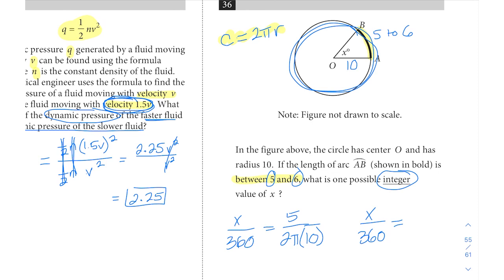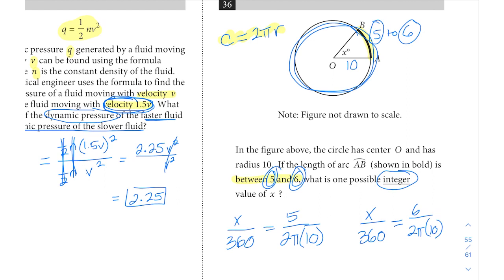And then this would be our setup to solve for the degree measure associated with an arc length of 5. And now we're going to do that same exact setup. x over 360, so it's your degree relationship, degrees over degrees, equals arc length over circumference. Oops, I put 5. For that one, I meant to put 6. So you should, again, solve for both ends of that range, the 5 and the 6. And so this would be 2 pi times your radius of 10.